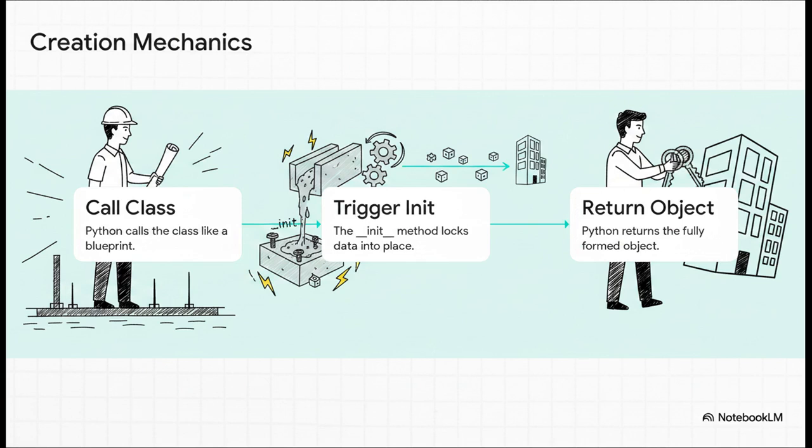Step 2, Python automatically triggers the constructor. That dunder init method leaps into action, the concrete is poured, and the foundational data is locked right into place. And finally, step 3, Python returns the object. The keys to the finished building are handed back to you, and the object is now fully formed, residing safely in memory, and ready for you to use in your program. And this brilliantly illustrates that seamless flow from a simple idea to a totally usable object.